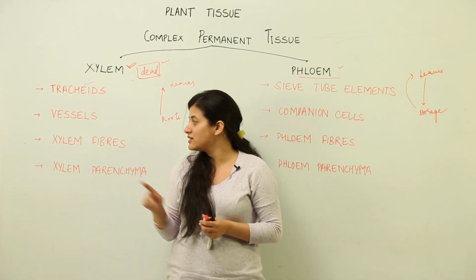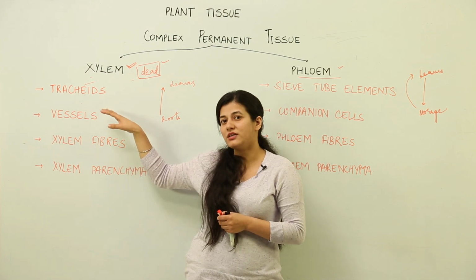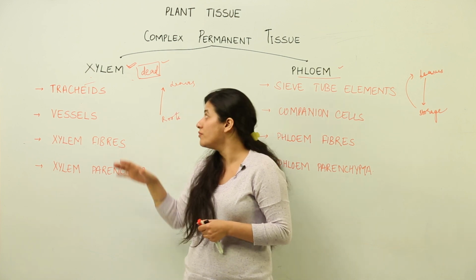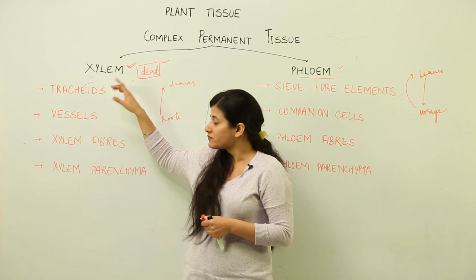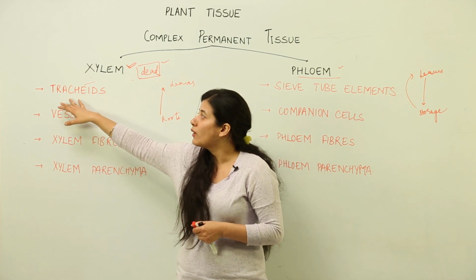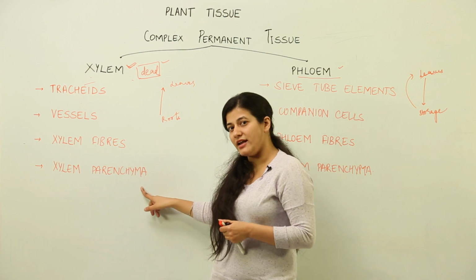Though you won't find these cells inside the wood around you, you need to know that inside a plant, the girth, the trunk that is being formed is formed of xylem, and that further forms the furniture. So what forms these xylems is tracheids, vessels, xylem fibers and xylem parenchyma.